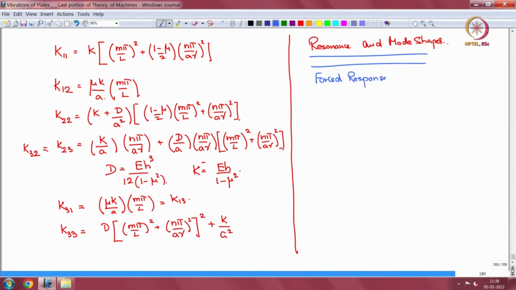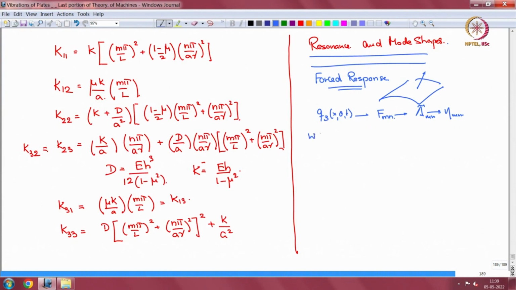You can have a panel and you can have a force q3 of x, theta, t, and then you get your fmn, from there you get your gamma tilde mn, then your eta mn, and then multiply by the mode shape.